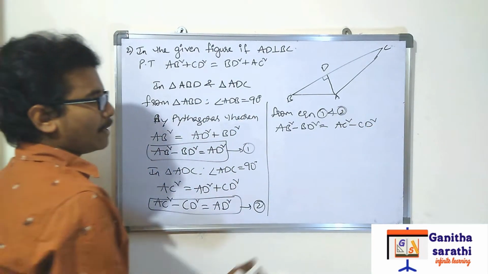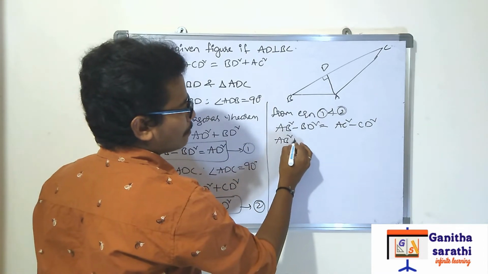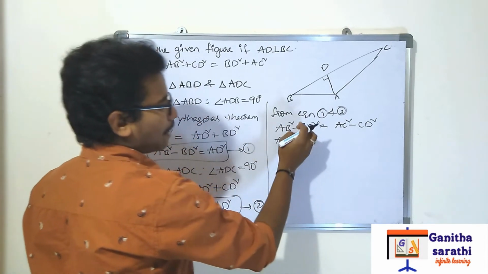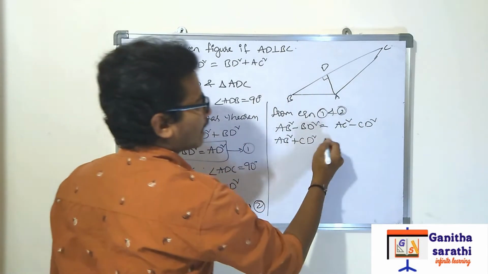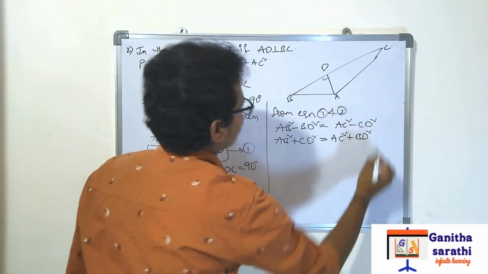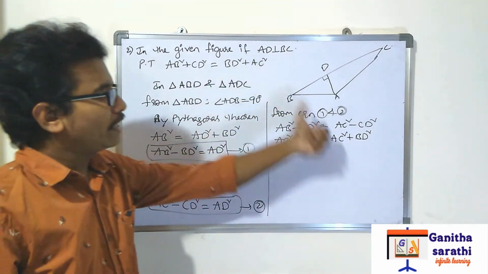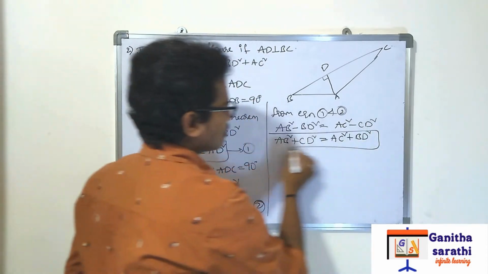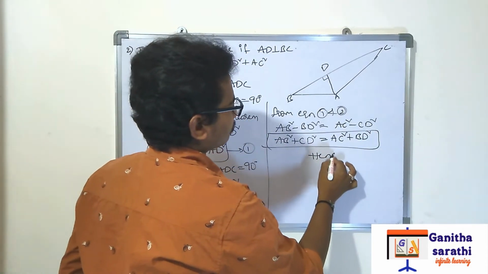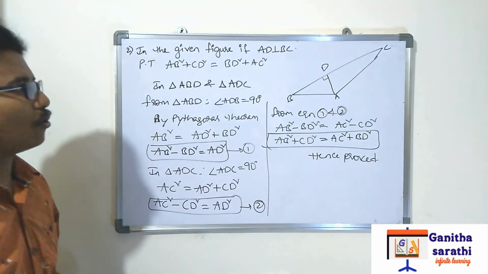So make this minus CD square to the left hand side. It will become plus AB square plus CD square. Make this minus BD square to the right hand side. It will become plus AC square plus BD square. That is our proof. See, AB square plus CD square is equal to AC square plus BD square. Understood? So likewise you can prove the problem by using Pythagoras theorem.